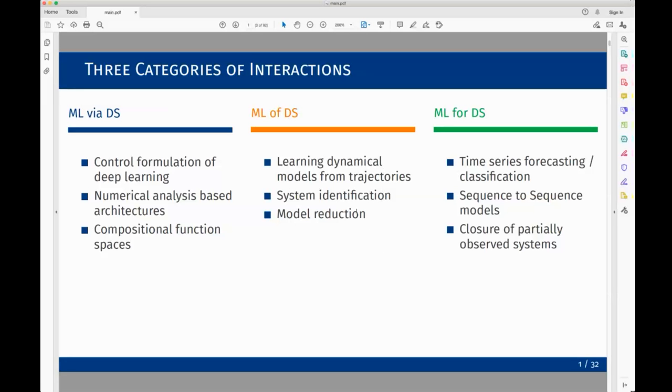Or we want to use a similar idea to do model reduction, to generate a machine learning model to describe certain important variables or degrees of freedom generated by dynamic systems. The third type is called machine learning for dynamic systems. This is a bit different from the second in the sense that we are given an input sequence and an output sequence, and we want to use machine learning to construct a dynamic system to model their relationship.